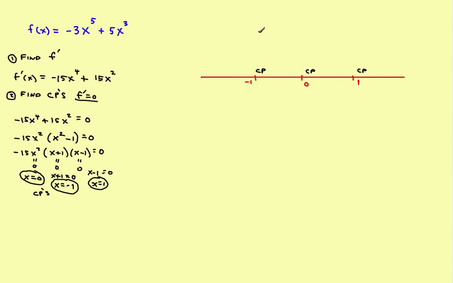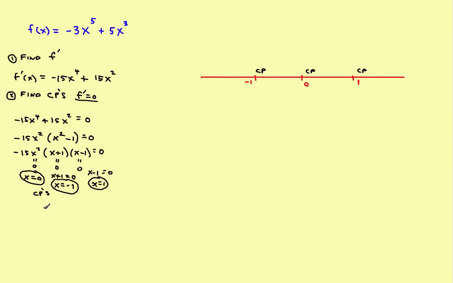Maybe at the critical point you have a horizontal tangent up here and the graph has a local maximum up here. And then finally, the last possibility, maybe it comes down like this, levels off just for a second, and you have neither. So you know you have a horizontal tangent at these critical points, but you don't know whether they're maximums or minimums. So to find that out, we now need to find the second derivative.